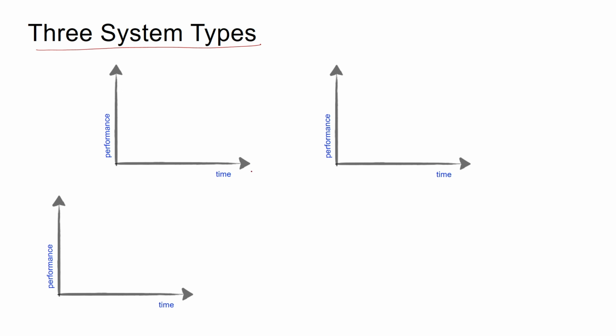On your x axis you have time and on your y axis you have performance, and in all these cases this is how the x and y axes are defined. So, the first system is where it tends to maintain the same level of performance.